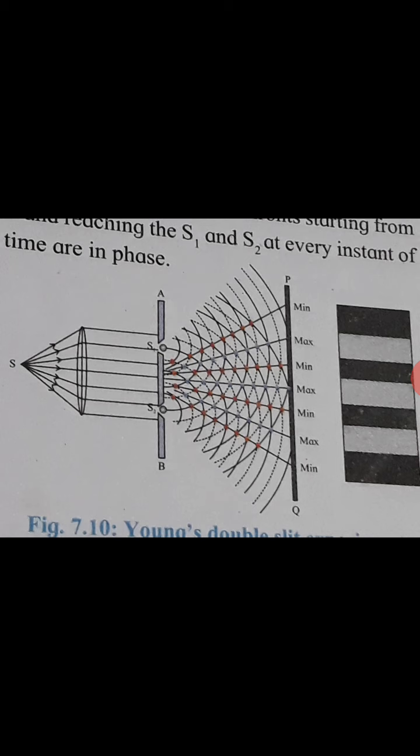That's why the slits S1 and S2 are made here. Due to these slits, we'll get two coherent sources of light, and they will send light waves, and these waves will superimpose in phase, as they come out in phase.